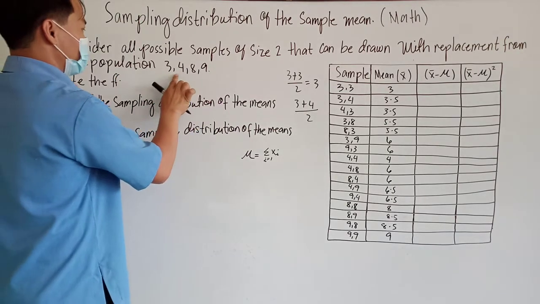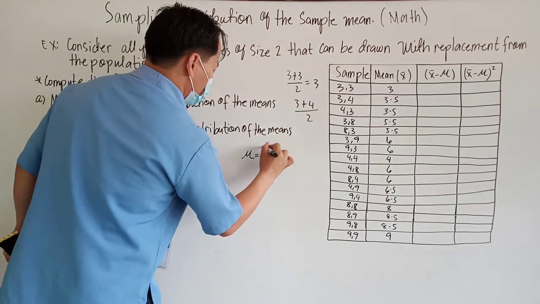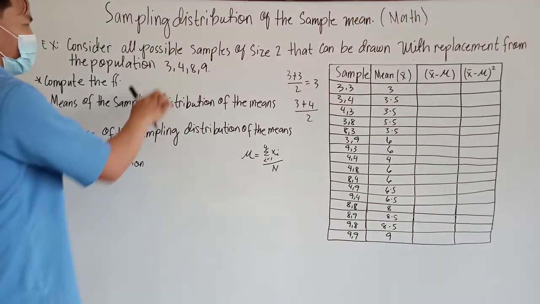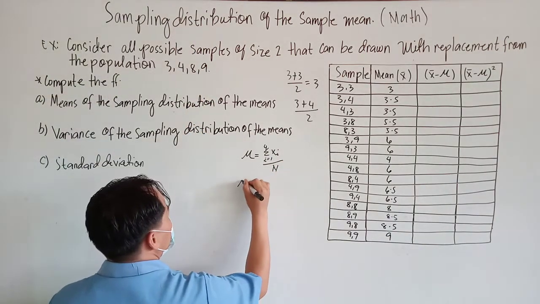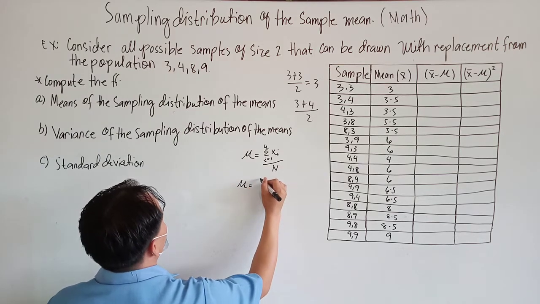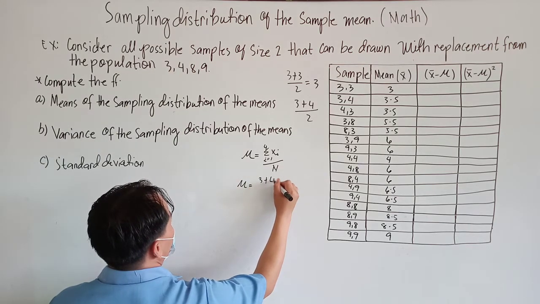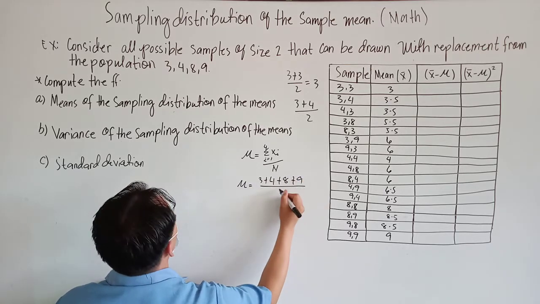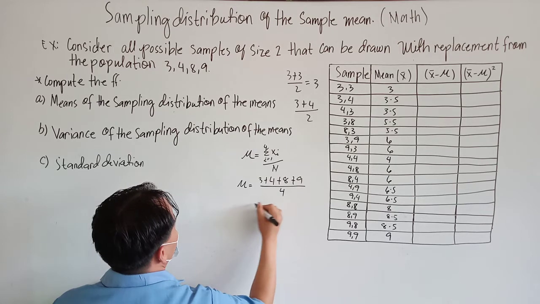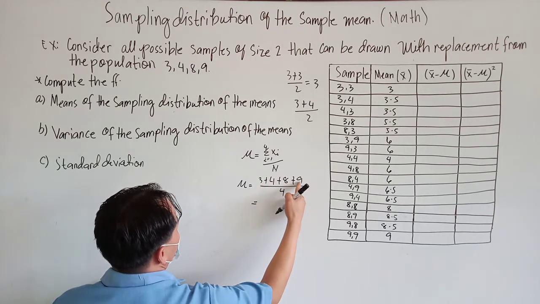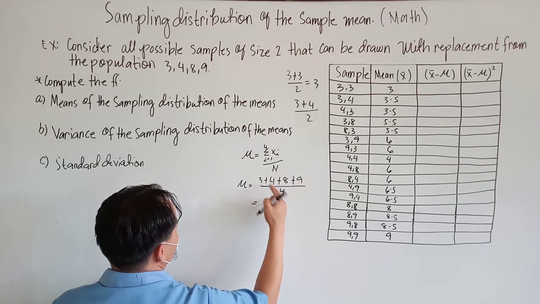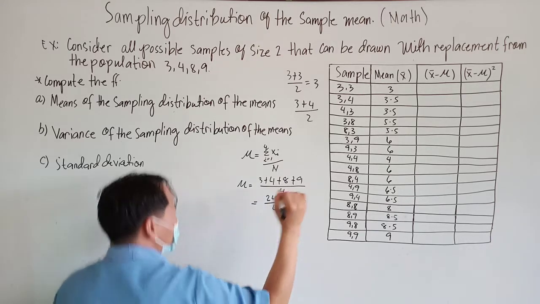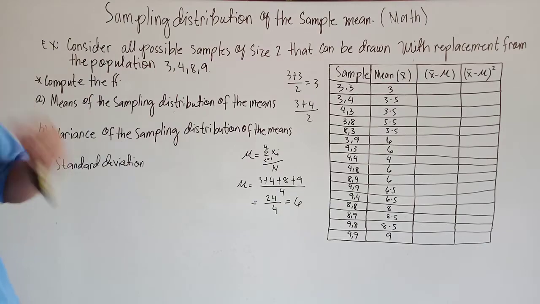There are only 4 values, 1, 2, 3, 4, so from 1 to 4 over n. We add 3 plus 4 plus 8 plus 9, which is 24, over 4. The answer is 6.